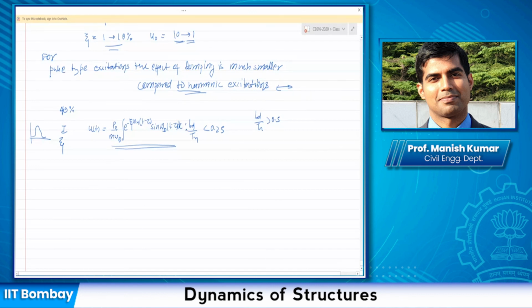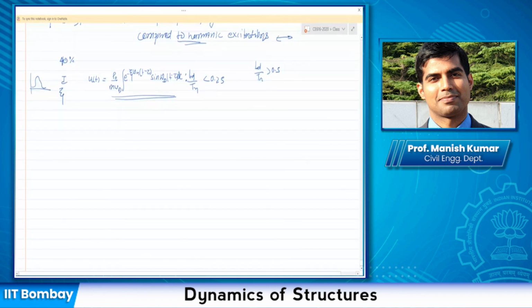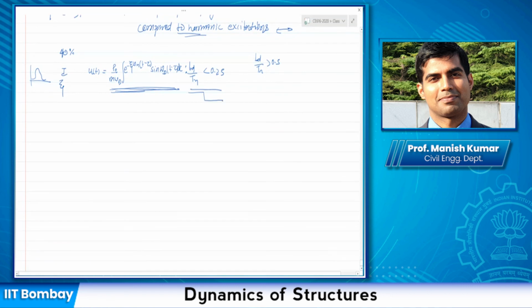When I neglect damping for pulse type motion, it provides a conservative response. But if it has been asked in the problem that you include damping anyway and find the response, you can do it for one case where you can consider it to be an impulse. And for that case, the expression is very easy now. So whatever type of impulse you have, you can utilize this expression to find that out.